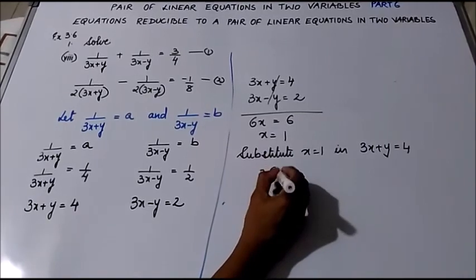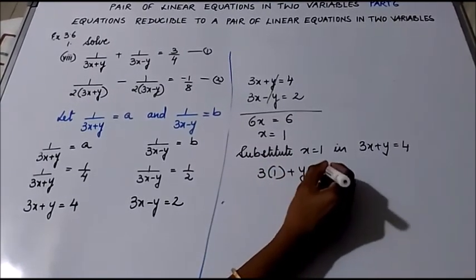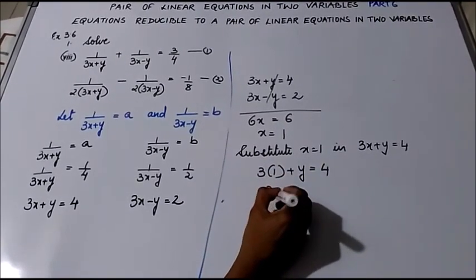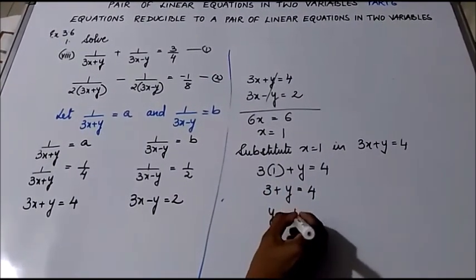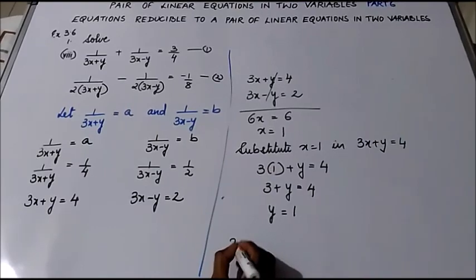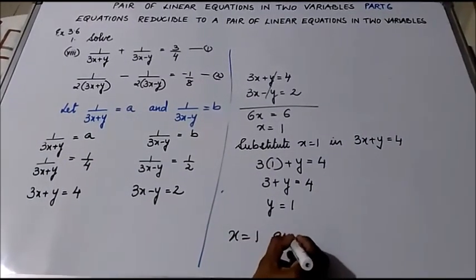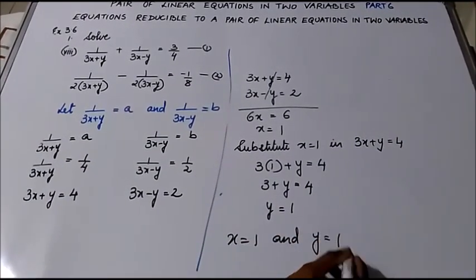We get 3 into 1 plus y is equal to 4. This is 3 plus y is equal to 4. We get here y is equal to 1. Thus the solution is x equal to 1 and y is equal to 1.